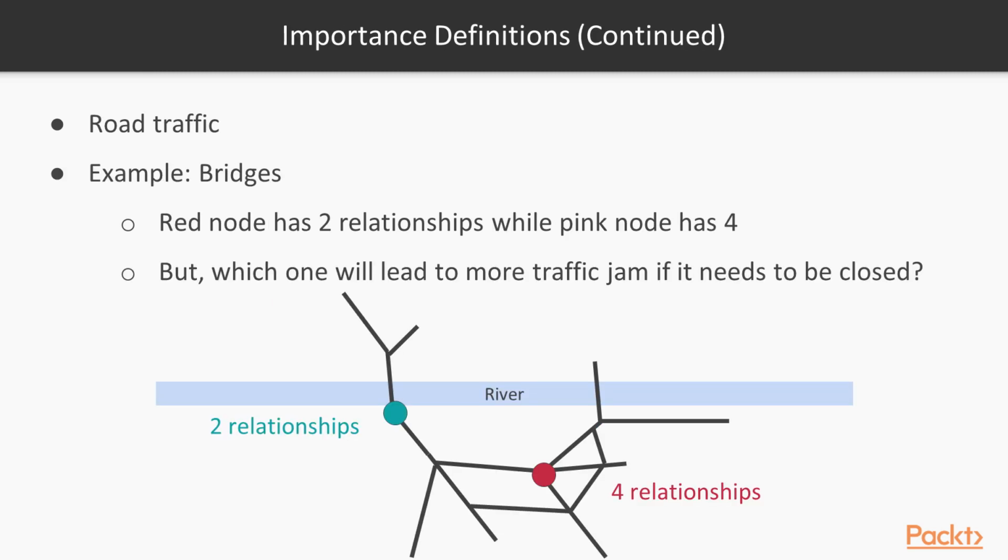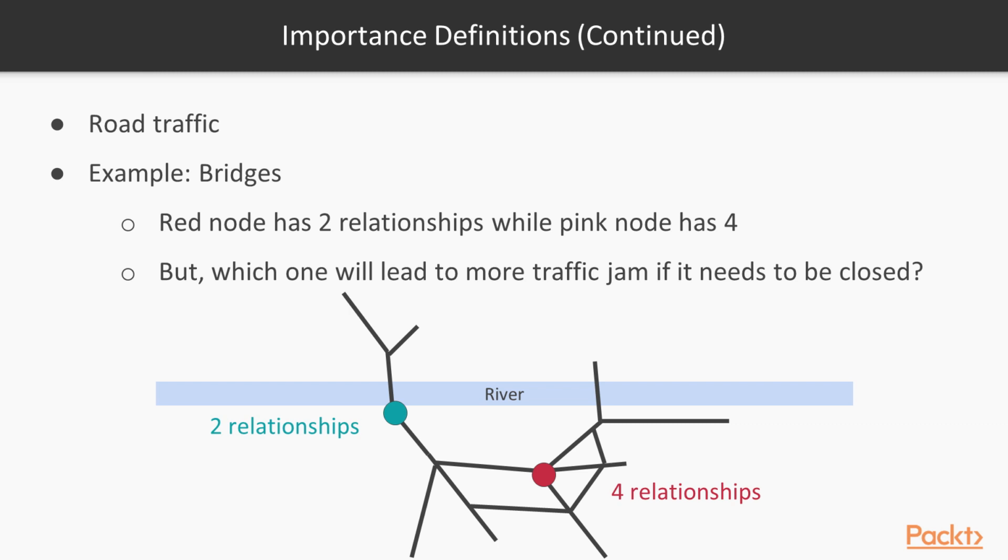When interested in traffic, the number of relationships can help quantify the node importance. But another important piece of information is the number of paths for which we have to use a given relationship.